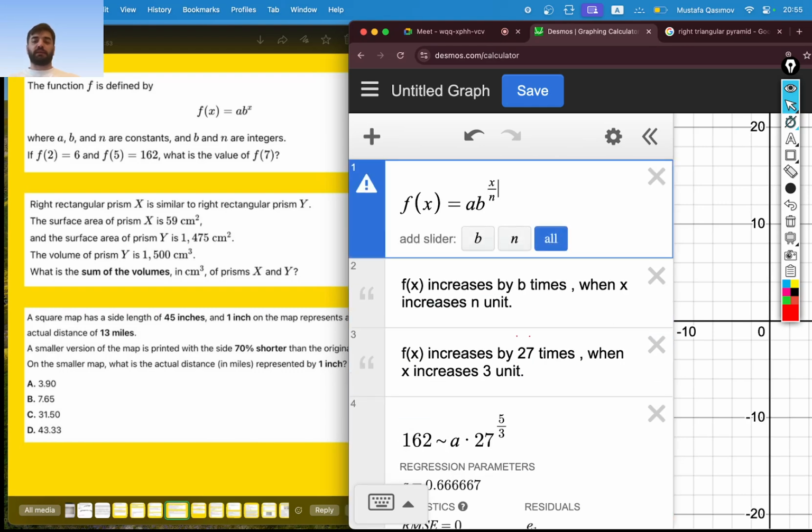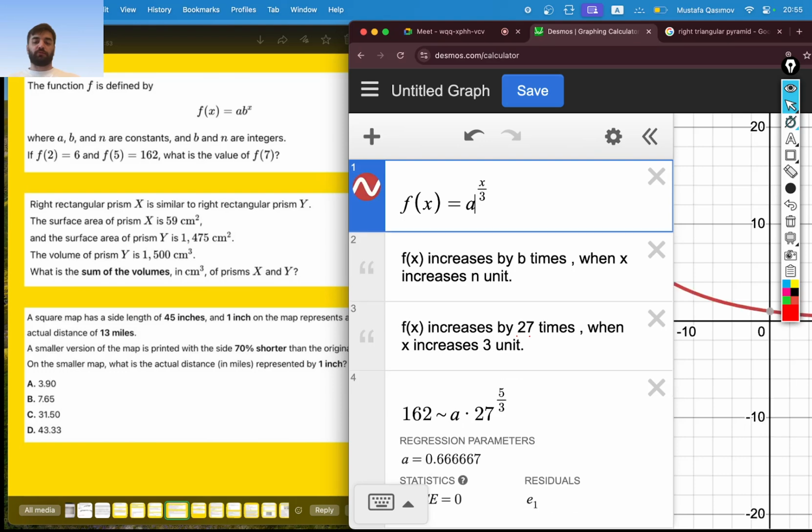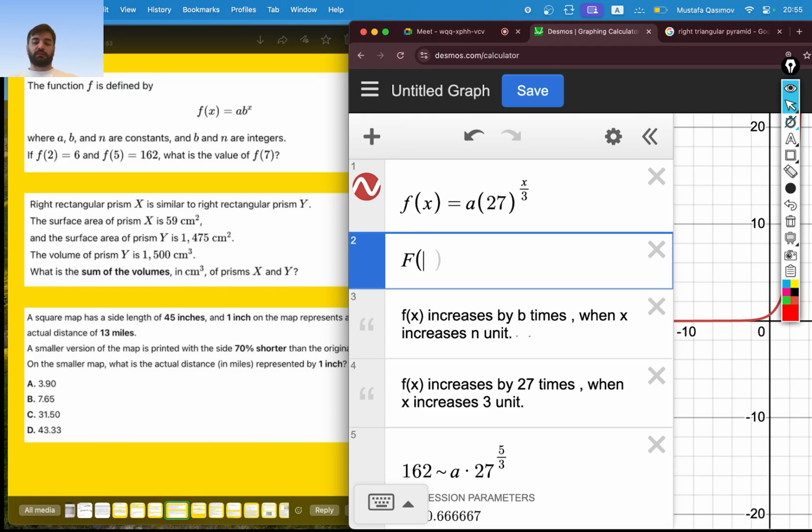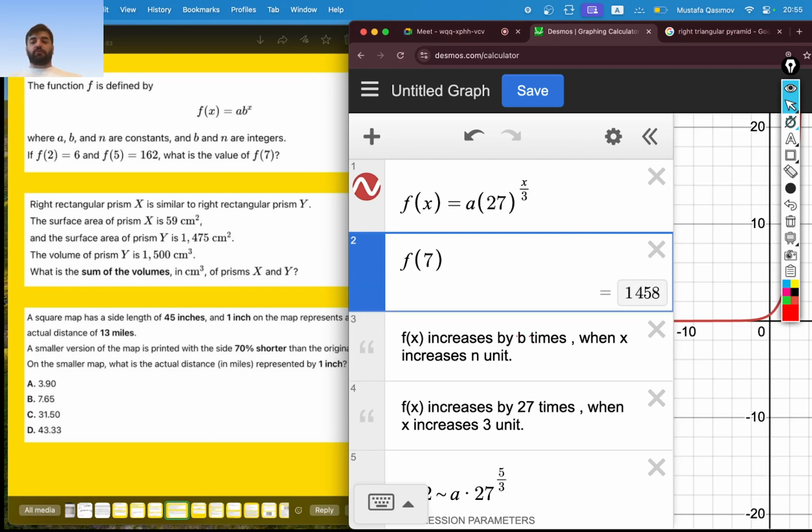Then let's write again, instead of n 3, and instead of b 27, and instead of x 7, and the answer will be 1458. But it wasn't a shorter method, but it is how to find its function.